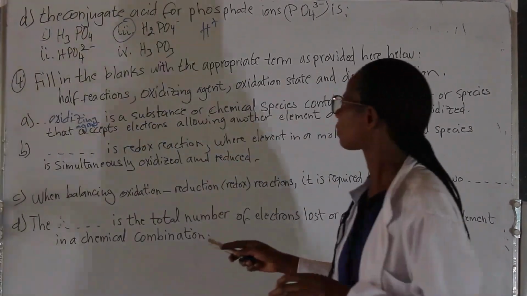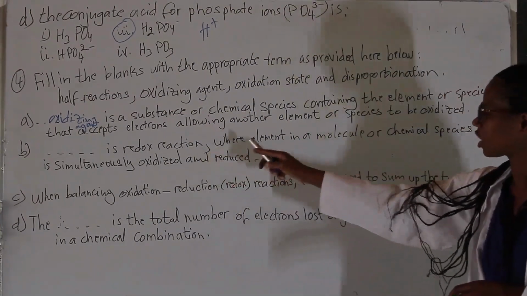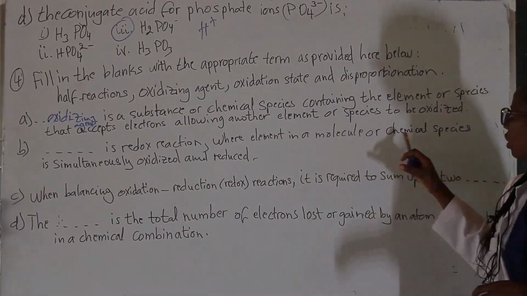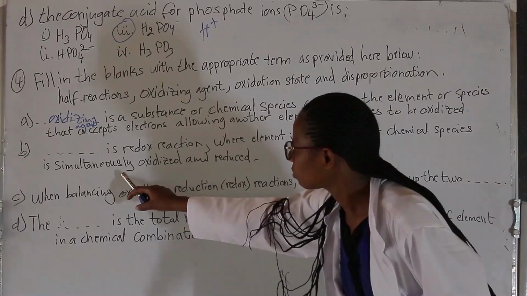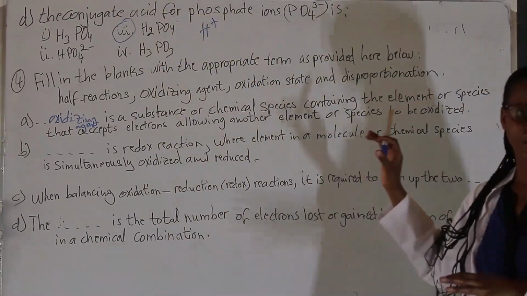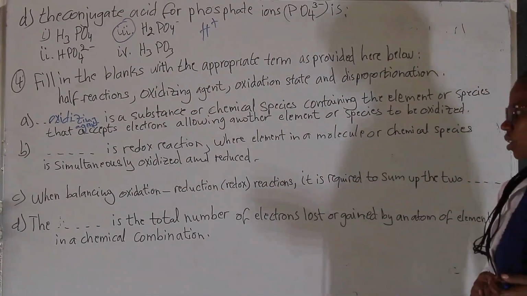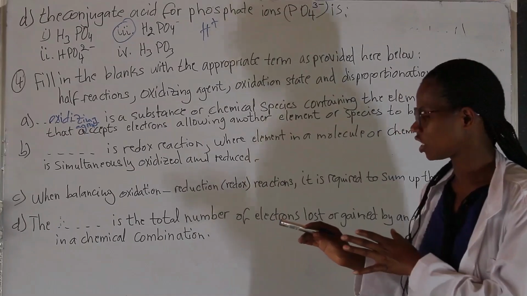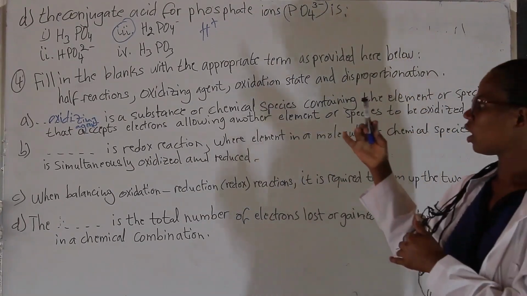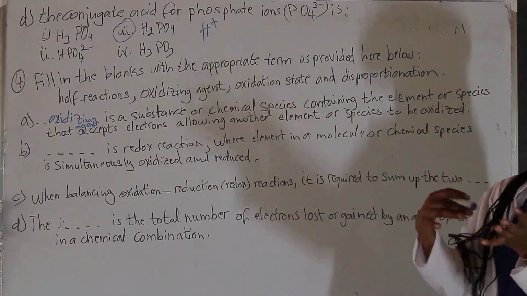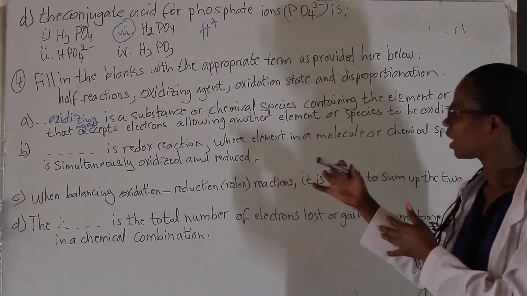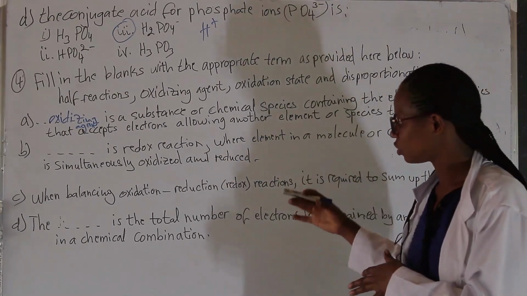For number B, dash is a redox reaction where an element in a molecule or chemical species is simultaneously oxidized and reduced. In a redox reaction, we have an element which can be oxidized and an element which can be reduced.